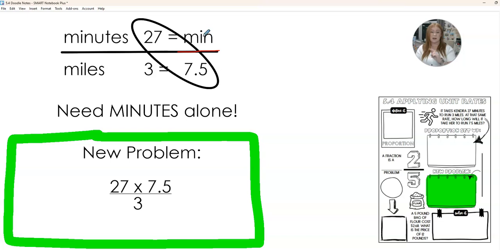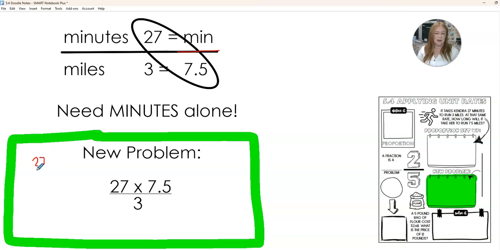So we just crisscrossed, right? We wanted this one alone. So we crisscross the two numbers across from each other, right? I can't crisscross this way because I don't know the minutes. So we're going to circle 27 and 7.5. And then we have to divide it by 3. So that's our new problem. So when I do this, we would do 27 times 7.5.